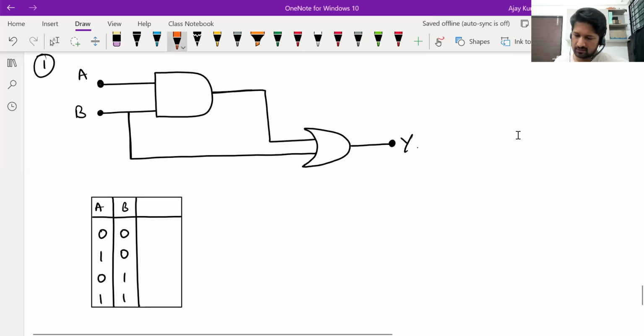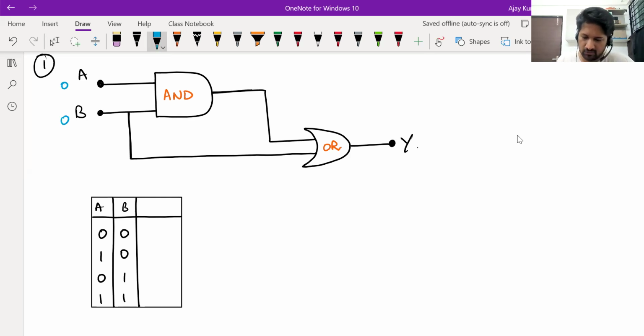Let's see. Now, A and B, okay, this is an AND gate, obviously, and this is an OR gate. Fine. Let's consider the first input. A0, B0. If A and B are zeros, the output of the AND gate will be 0. The same signal B, which is 0, is given as input to the OR gate.